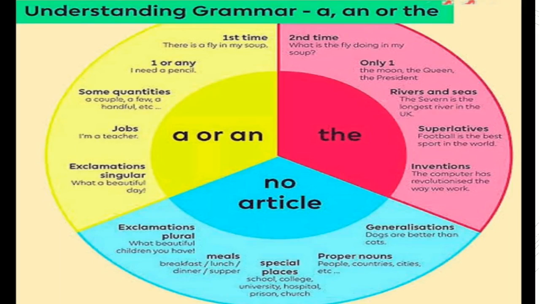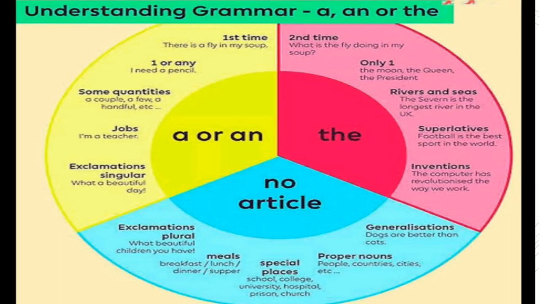For example, if I say the earthworm helps the farmers, I'm not speaking about one kind of earthworm, but about the whole class of earthworms. Or the names of rivers: the Ganges, the Red Sea, the Indian Ocean, the Alps, or certain names like the Times of India, the Indian Express.